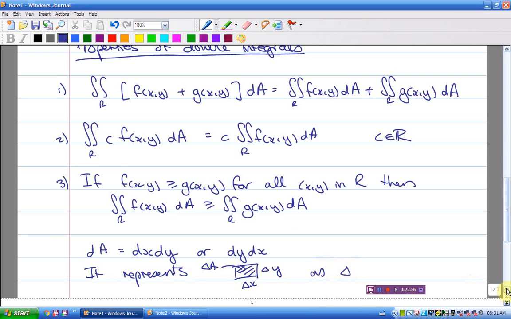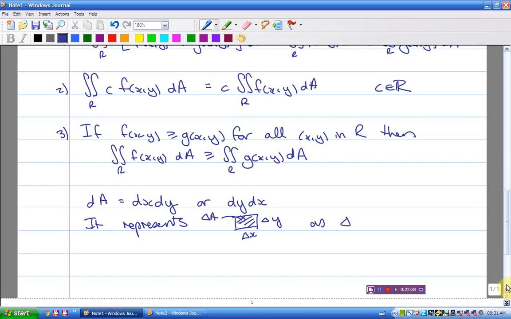Before I've been writing delta x and delta y, but of course they become dx and dy in the limit as delta x and delta y tend to 0. And the limits of integration are chosen to describe R.